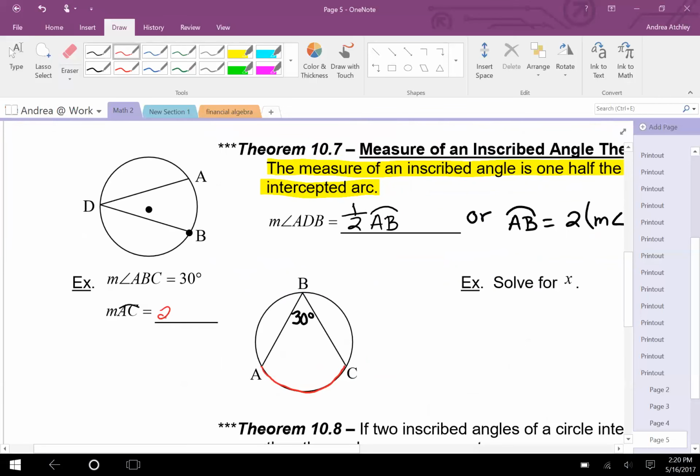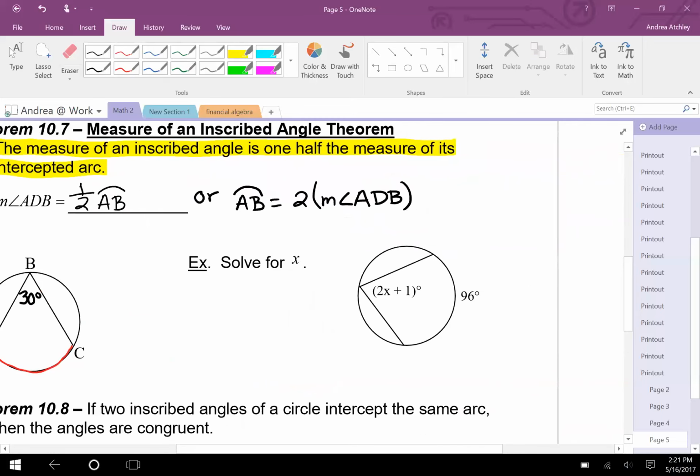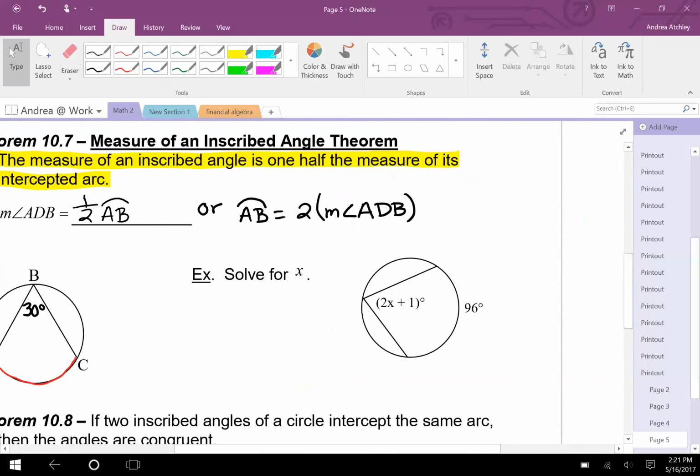So the arc equals 2 times 30, which is 60. Any questions over that? Okay, the next one then, we have our angle and our arc of 96.